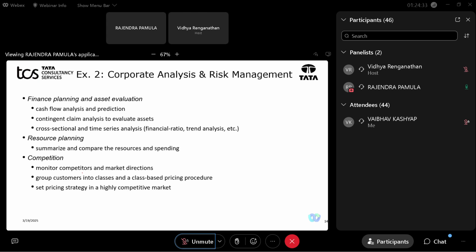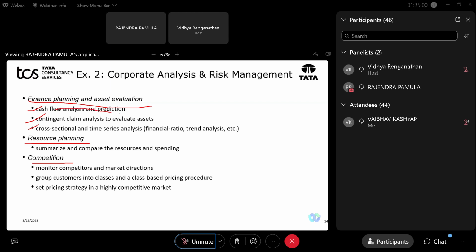And the second example is that data mining can be used in corporate analysis and risk management. What is finance planning and asset evaluation? What is resource planning? What is the competition that we have? We have to categorize based on different aspects.